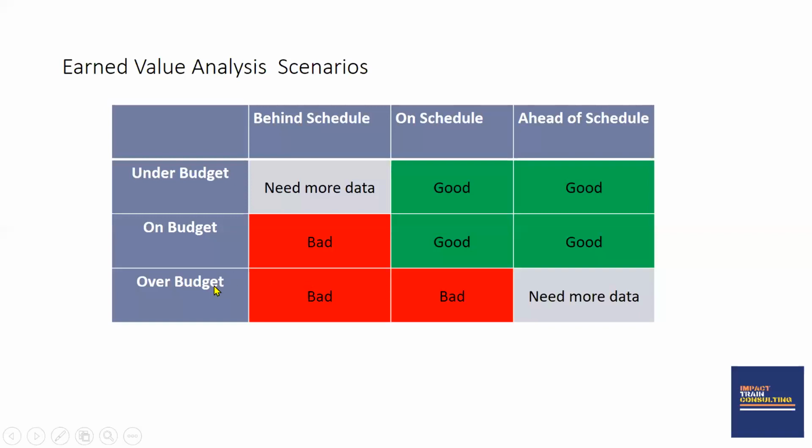And then when you are over budget and ahead of schedule, you need to provide more information as to why you are not moving according to the pace which you've already set out during the planning phase. Now, the best position to be when managing finances and scope in a project is to be on budget and on schedule. That is the ideal. This is what you should target, to be on budget and to be on schedule.